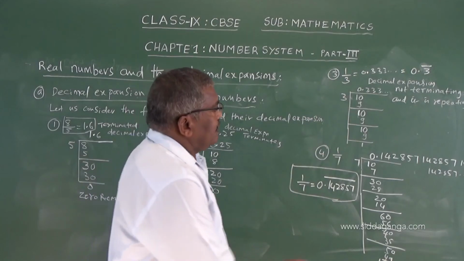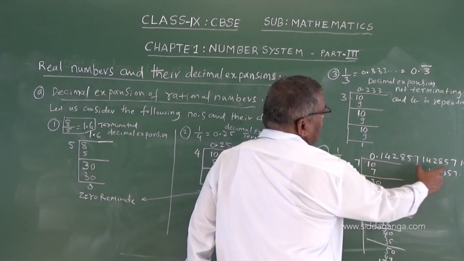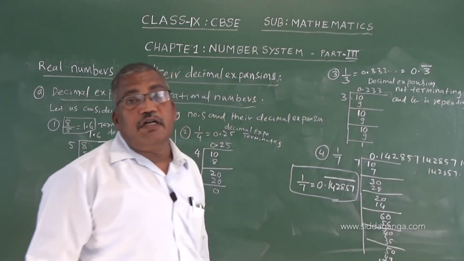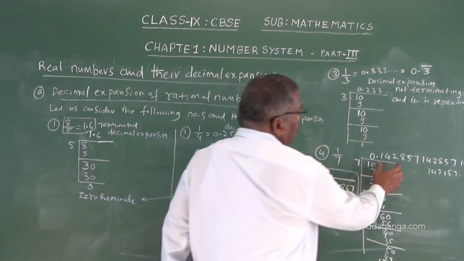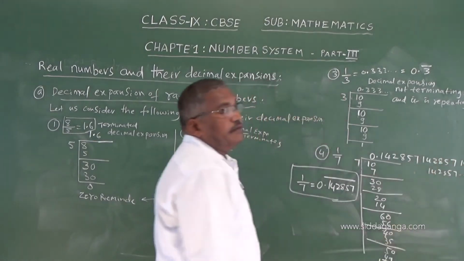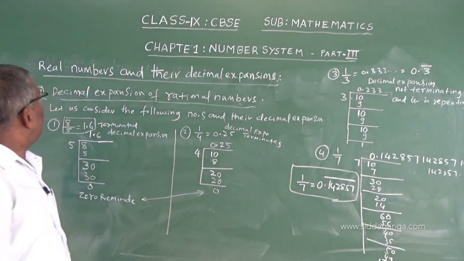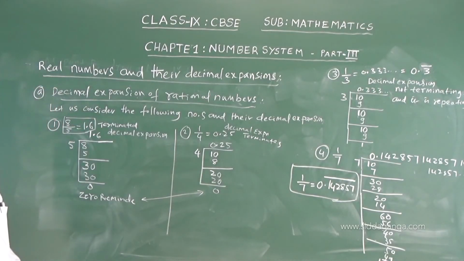We will not get one number here and another set of numbers there. It is not like this. The numbers are repeating in the decimal expansion of rational numbers.